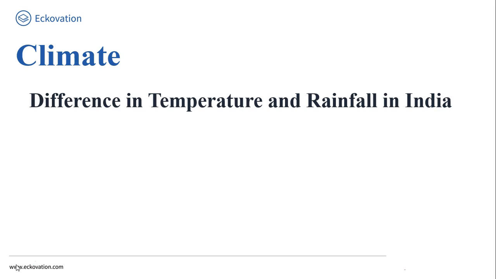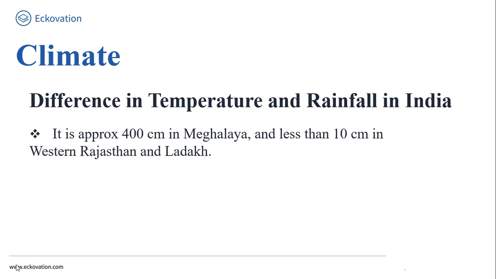So friends, when we focus on the difference in rainfall in terms of amount and seasonal distribution, we find that it is approx 400 cm in Meghalaya and even less than 10 cm in Western Rajasthan and Ladakh.